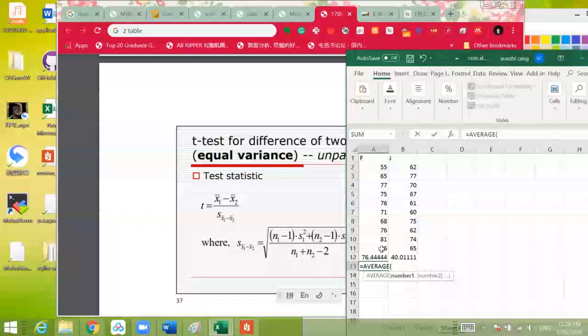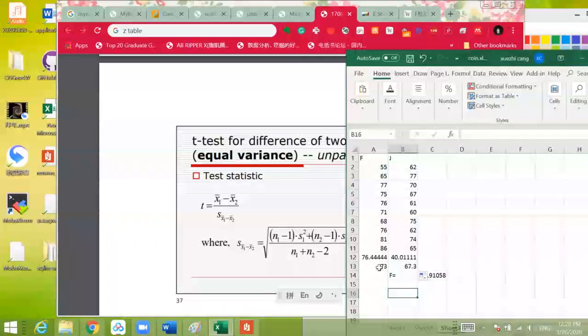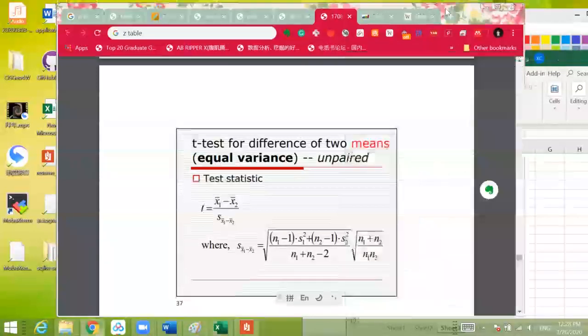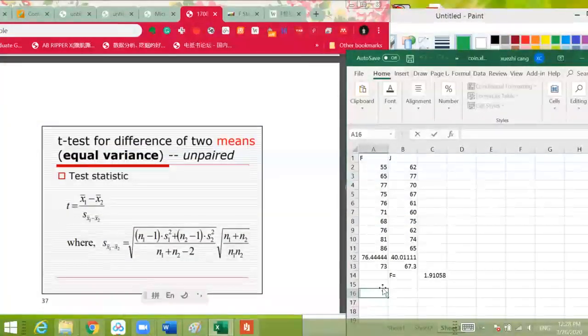Select the average function, then select all the data here. Here is our average value. Then we calculate the standard deviation of x1 minus x2. So we can type the equation here.